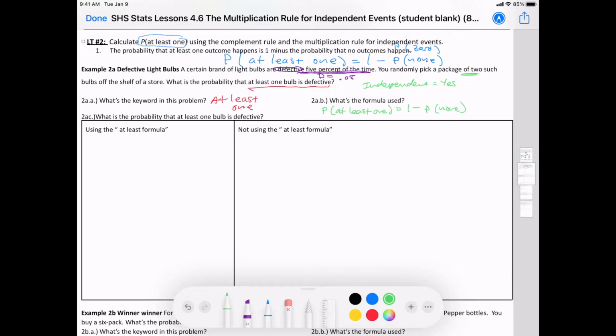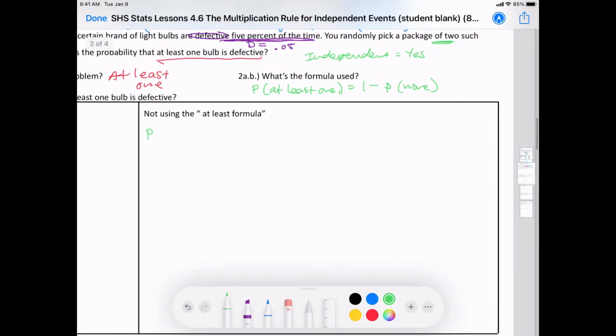Let's first use, let's not use the formula, and I think this will make sense. Okay, so we're picking 2 light bulbs, right? So again, we're not using the formula. I just want to show this here. And I think it'll make more sense, and then the formula will make sense. Probability of at least 1.